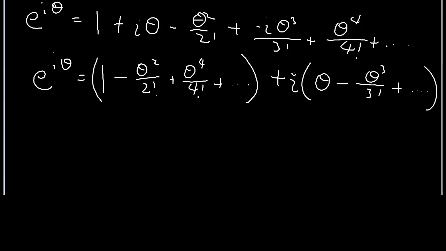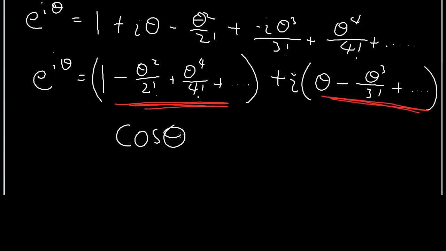Well, if you remember your math, right, with power series, you might recognize that this and that equals something else that we're very familiar with. Specifically, this first part is equal to cosine theta. You can double check the calculus textbook if you're unsure. And then the second part just becomes sine theta.